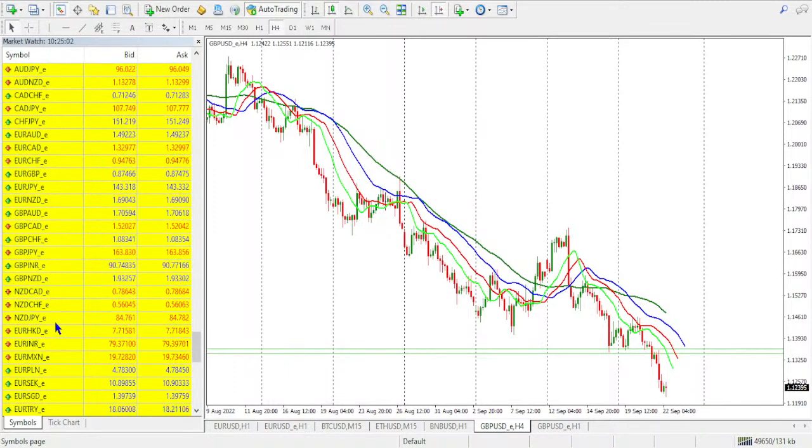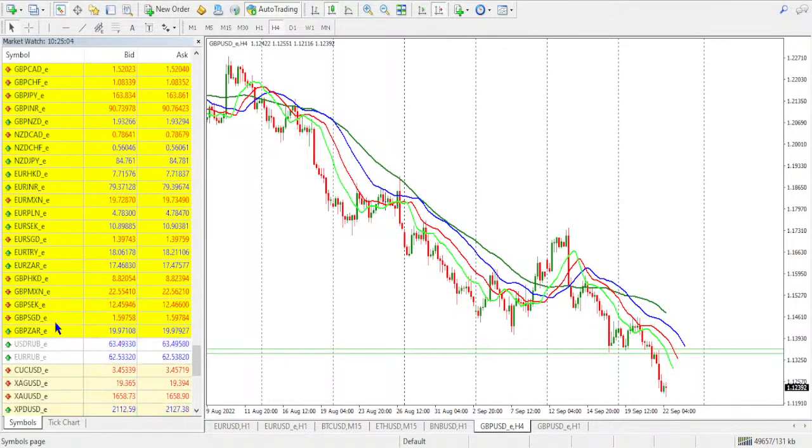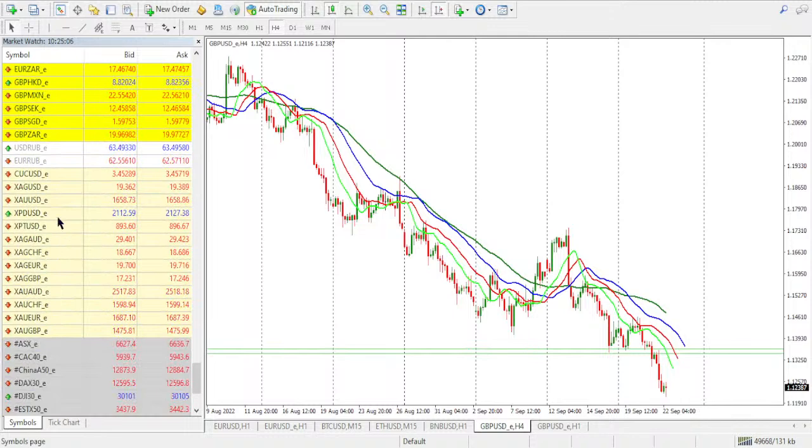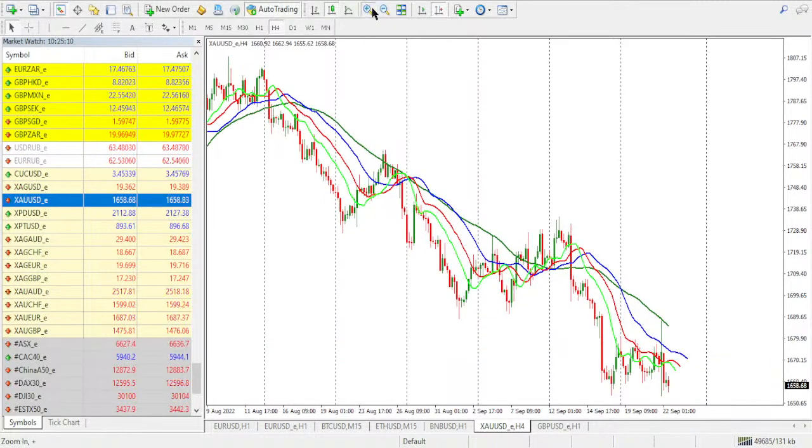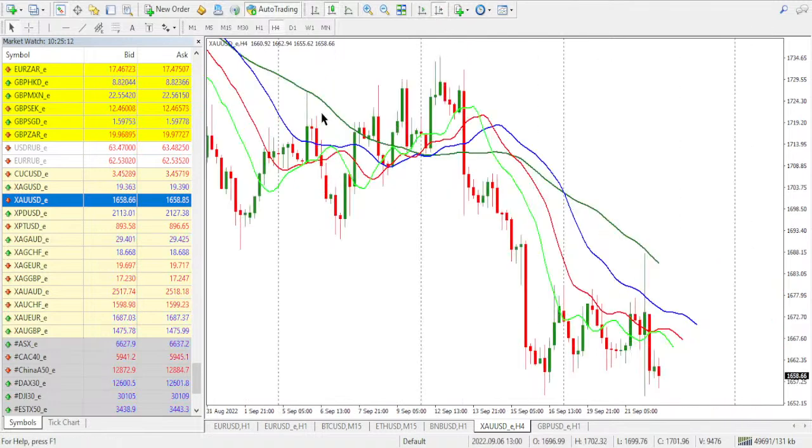My next instrument is gold. On gold so far, you remember yesterday we were looking for a breakout. We had that, and then we have this. You can see we have a very good shape here.